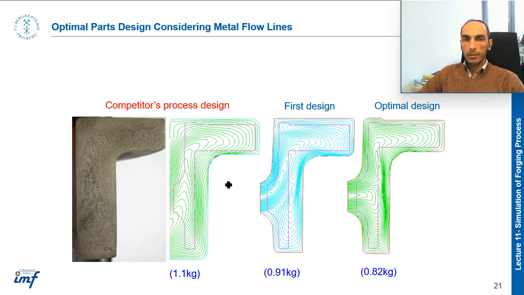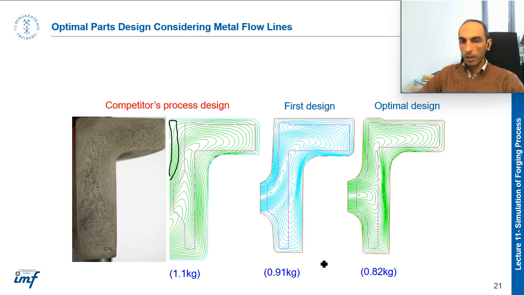But then the design is improved using simulation. For example, if you compare this one to this one, you can find that material is removed here, and some small changes. The weight of the product after forging is reduced to about 0.9 kilogram, almost 200 grams reduced.